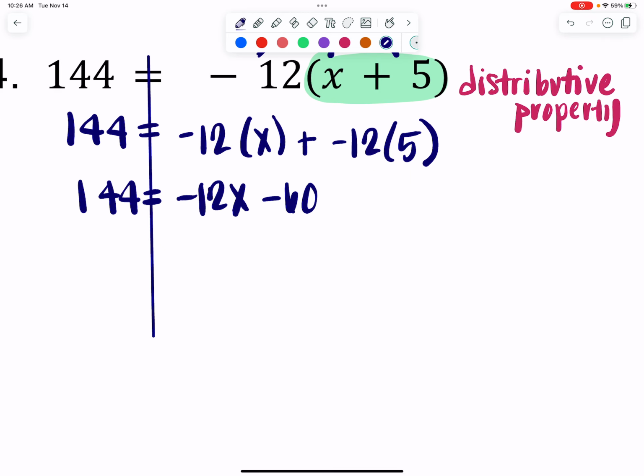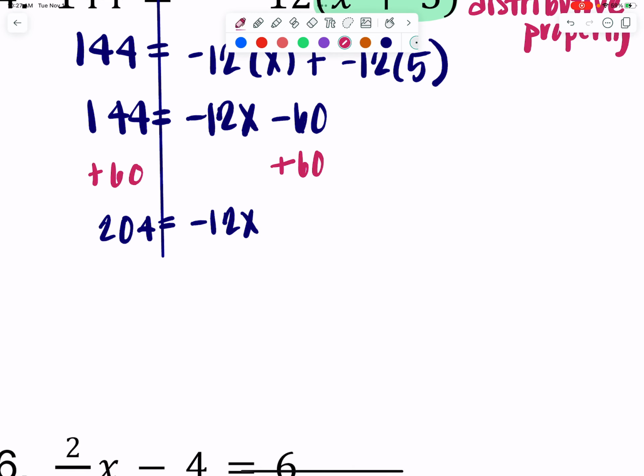Now we can work on separating all of our parts. The first thing I'm going to do is remove your best friend's friends. So the opposite of subtracting 60 is adding 60. That means you should have 204. Now we have negative 12 times x, so we want to divide by negative 12.